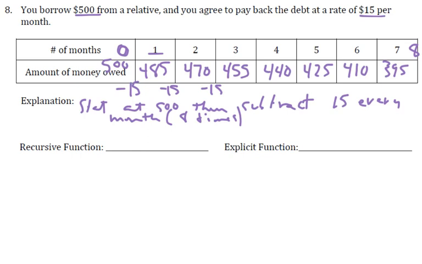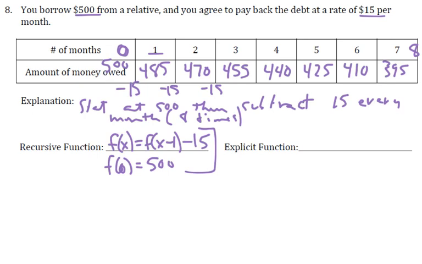Okay, so recursive and explicit. So that recursive, same idea. We say, okay, we start at f of 0 equals 500. That's our starting. And what happens? Well, to get to the next term, we take the previous term and we subtract 15 from it. There's our recursive.